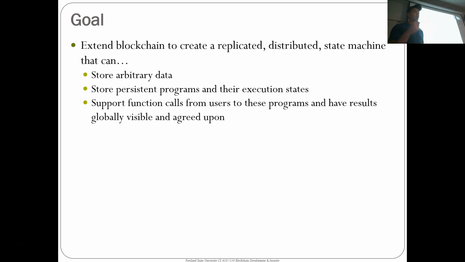Support interaction with this code, so function calls from any of us on the block in the public. So users can call into them and have results. Whenever I call into a smart contract, the results of that execution should be visible to everybody.